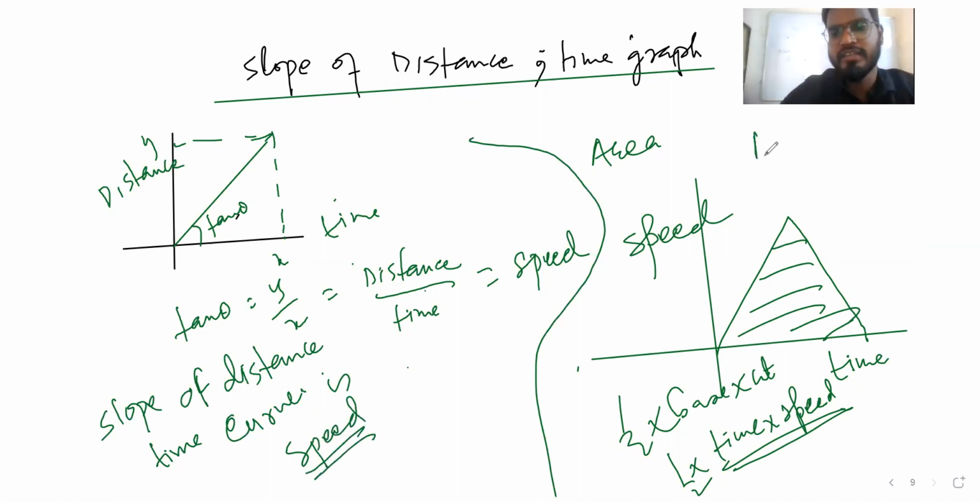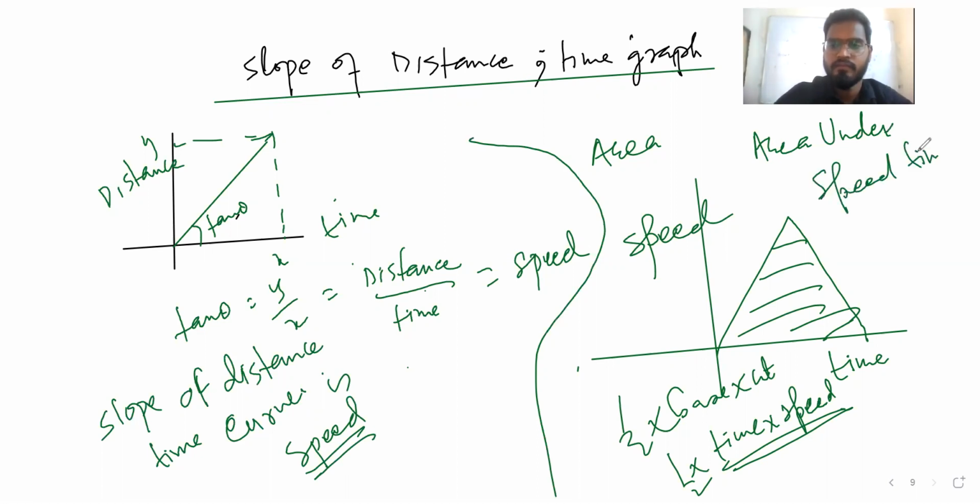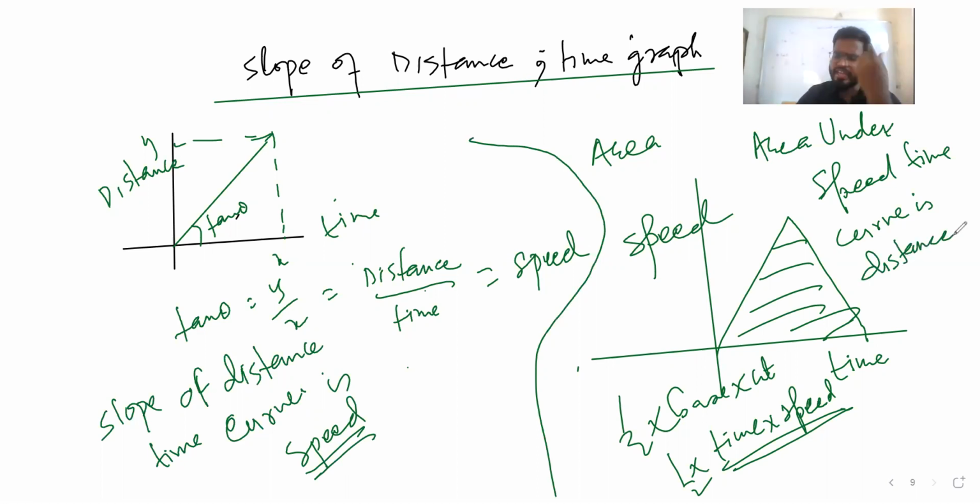And area under the speed time curve is what? Distance. Now it is a square, then anyway anything you take, this speed into time will come, right?